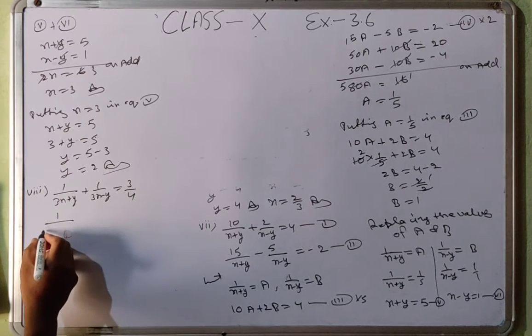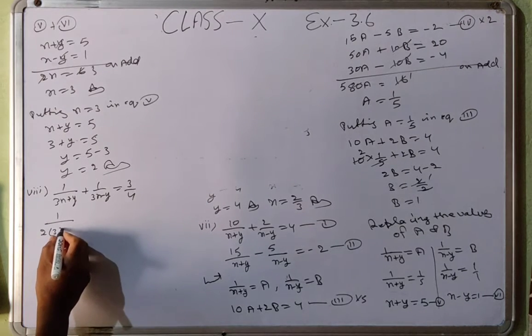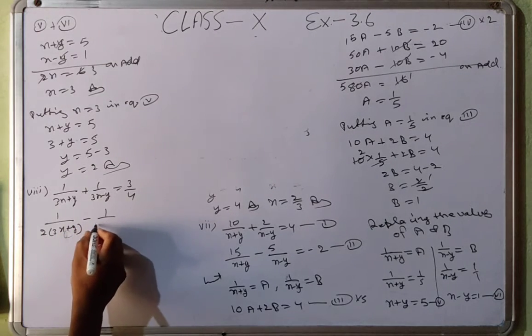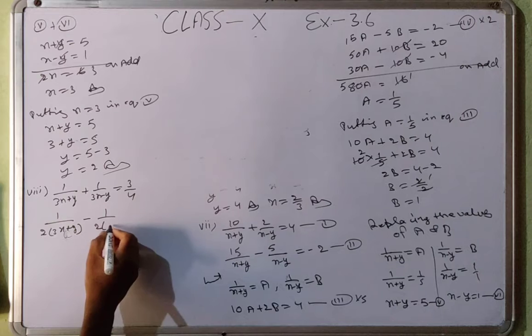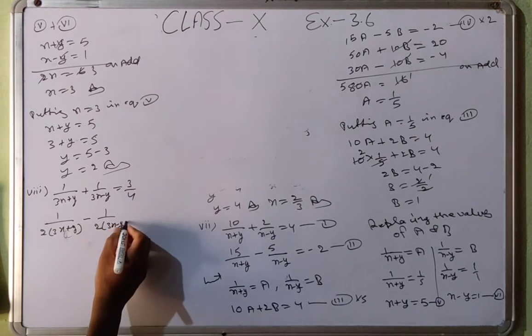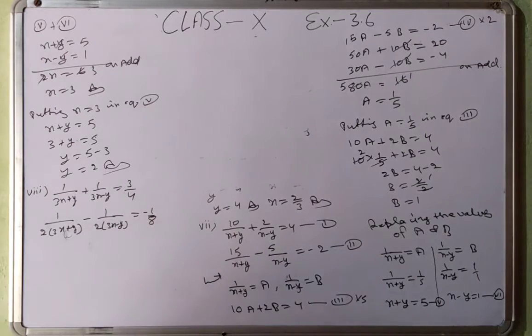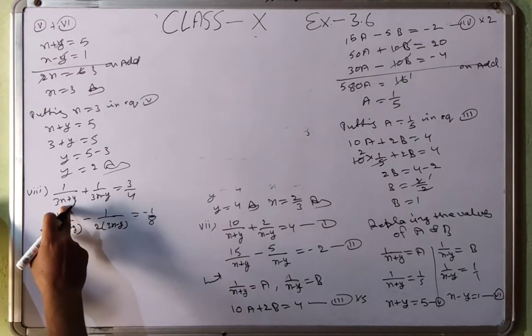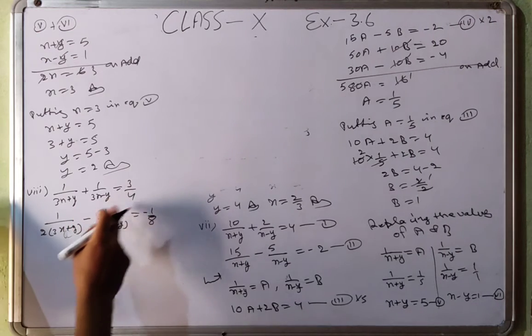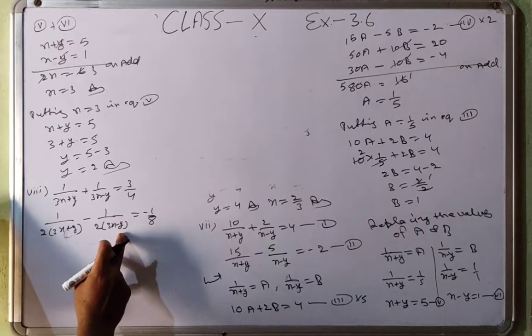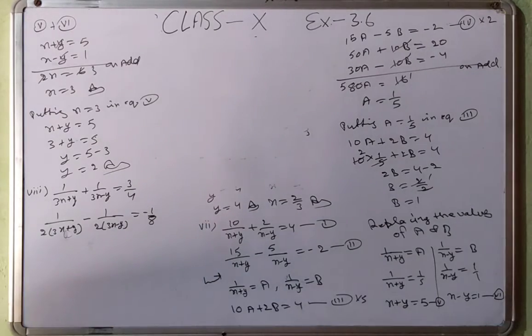And then 1 upon 2 bracket 3x plus y minus 1 upon 2 bracket 3x minus y is equal to minus 1 upon 8. This thing is given here and we can see that question one more time. Write it: 3 upon 4, 2 (3x plus y), 2 (3x minus y), that 1, minus 8.